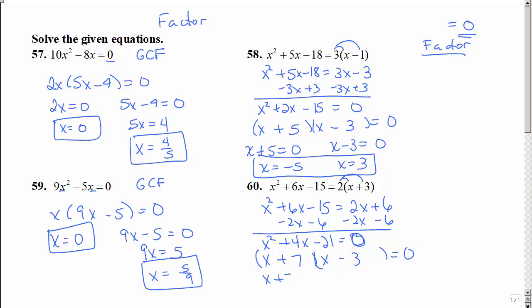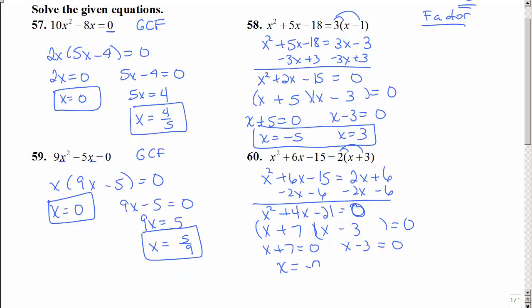And then set each factor equal to 0 to solve. So I get x equals -7 and x equals +3. So again, quadratic equations, we're looking for it to set it equal to 0, then we're going to factor and set each factor equal to 0.